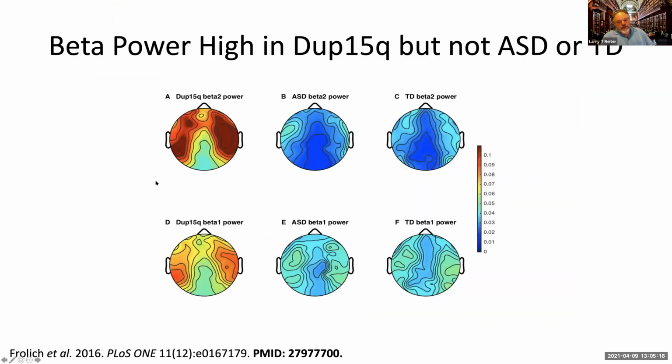And this is really one of the things that I think is striking, is that this beta power activity, you see it really all over the brain here. And you don't see it in kids that are either ASD, at least the ones they pick that have autism, or typically developing kids. So it seems to be really unique to Dup15q.